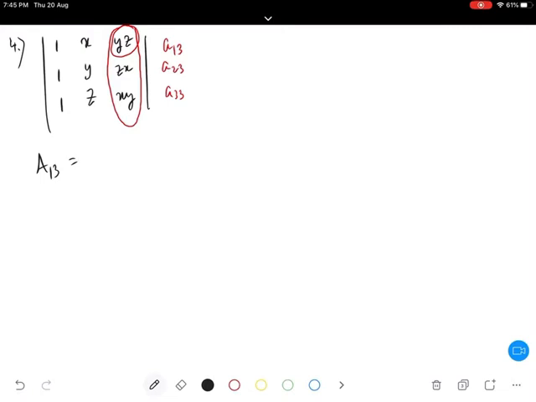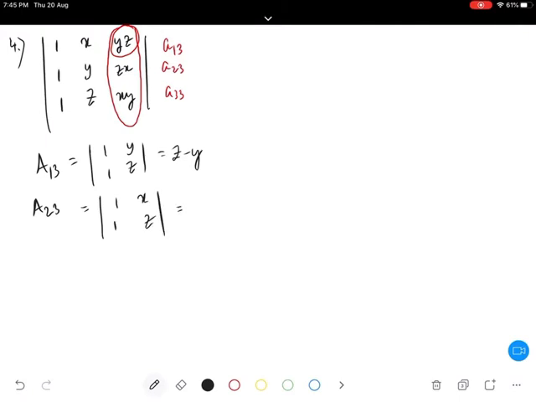First thing, 3 plus 1 is an even number. I don't need the sign. What will it be? Fast. 1y, 1z. And how much is that? Z minus y. Now A23 is what? 1x, 1z.